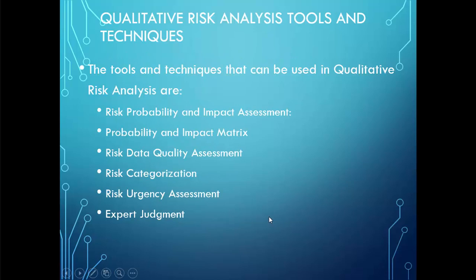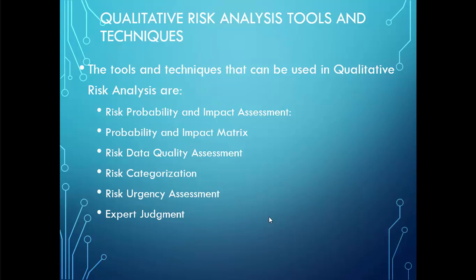The tools and techniques that can be used in qualitative risk analysis are risk probability and impact assessment, where probability investigates the likelihood that each risk will occur, while impact investigates the potential effect on a project objective.